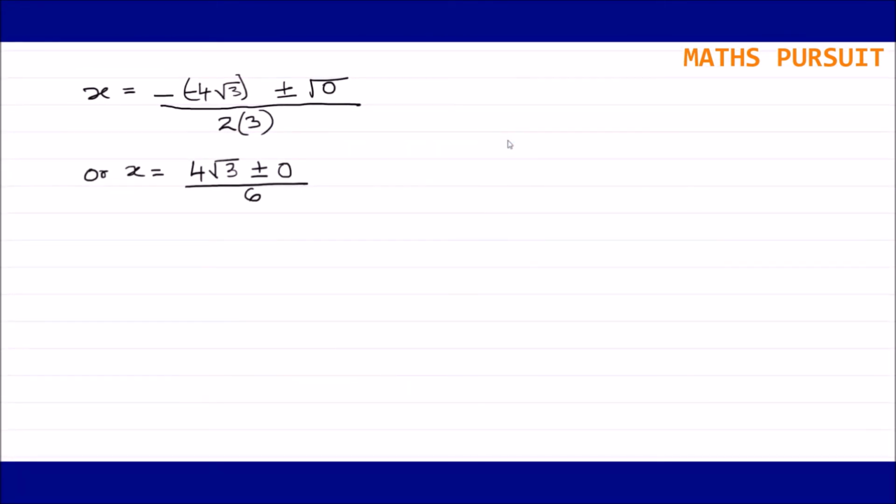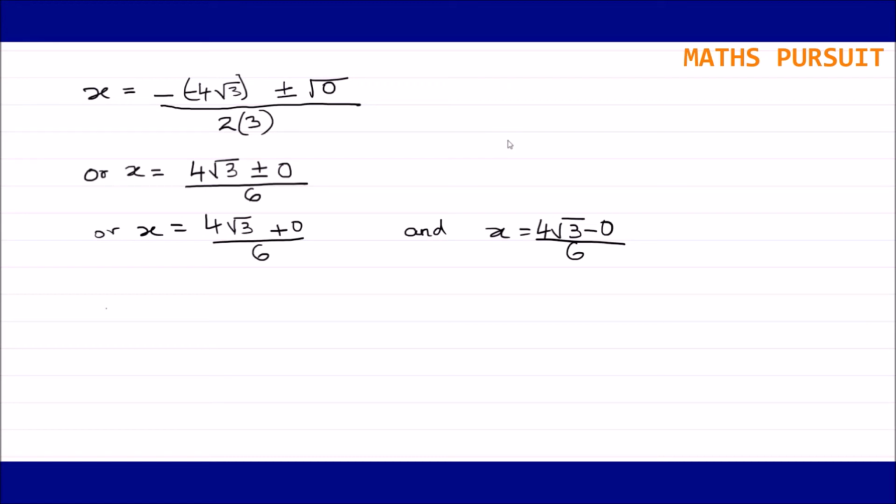Now from this I can segregate this equation into two parts: x is equal to 4 root 3 plus 0 by 6, and the other one is x is equal to 4 root 3 minus 0 upon 6. I believe till here we are pretty clear, because we got 4 root 3 plus or minus 0 upon 6. So plus or minus, for that reason I took one as plus 0 and the other one as minus 0.